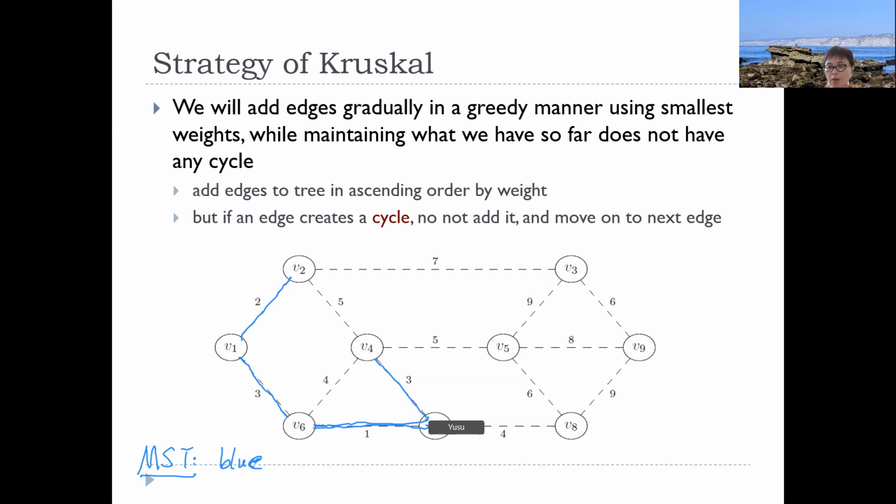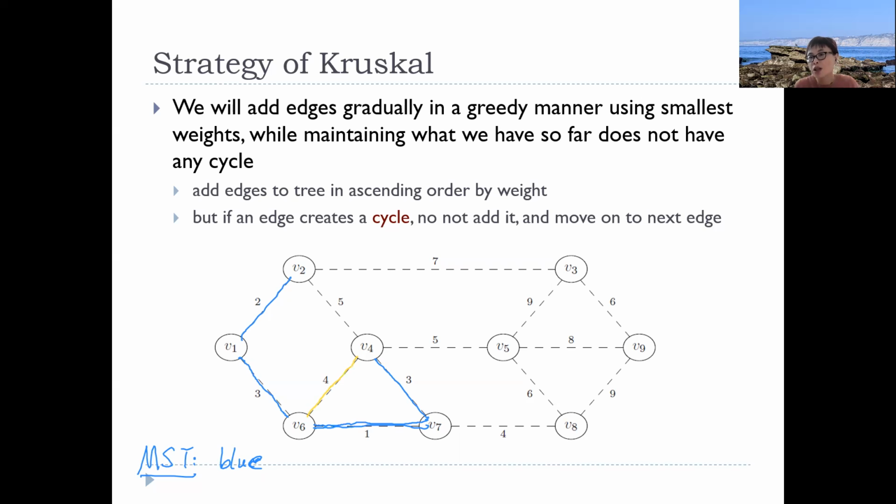Okay, now the next smallest weight will be weight 4, and we have 2 edges, V4, V6, and V7, V8. Okay, and when we look at V4, V6, this is the next cheapest weight edge to add.